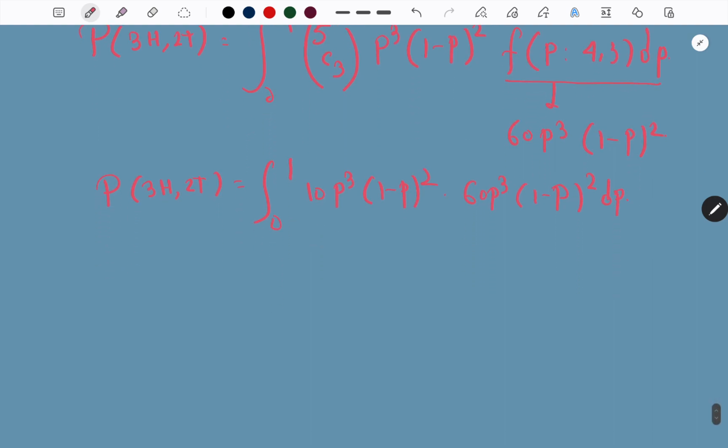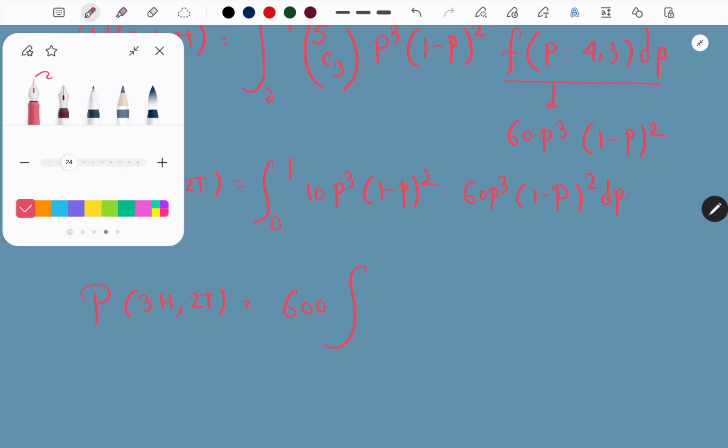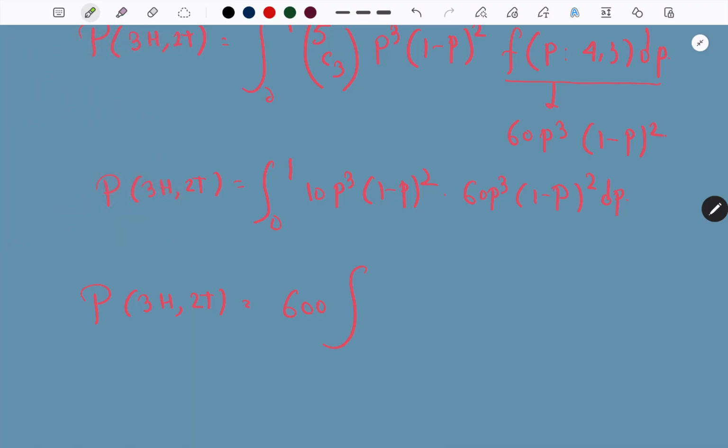And hence if we simplify, the probability of 3 heads and 2 tails will be given by 10 into 60, that is 600, times the integral of p to the power 6 (1 minus p) to the power 4 dp.